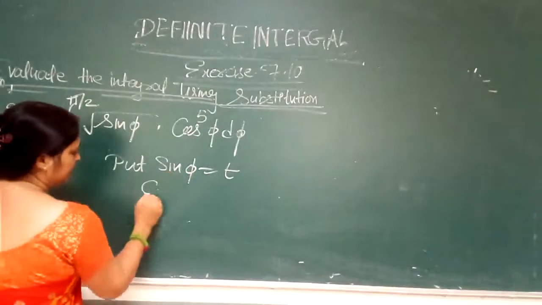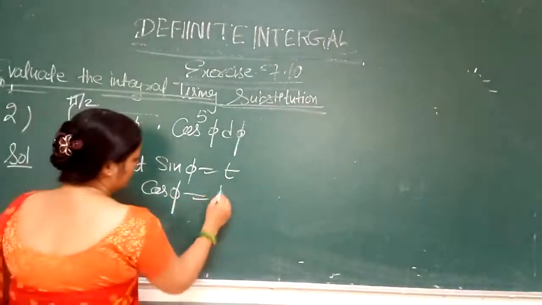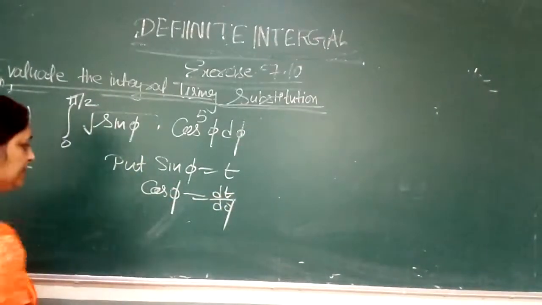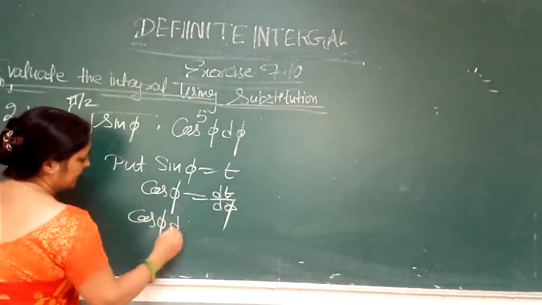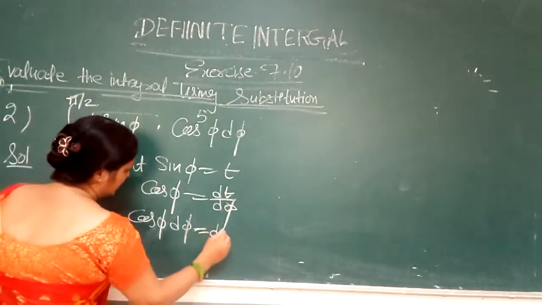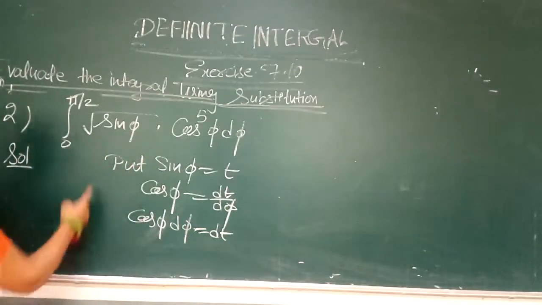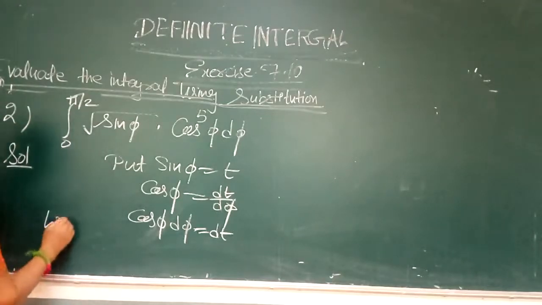What is the derivative of sin phi? That is cos phi equal to dt upon d phi, because we are finding the derivative with respect to phi. In the next step we can write cos phi d phi is equal to dt. After that we will change the limit, because we are substituting.